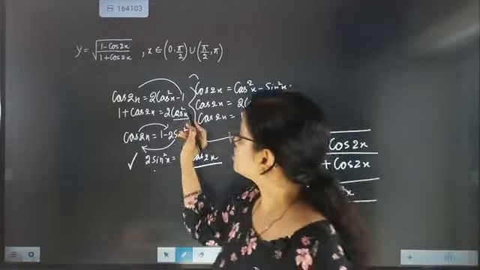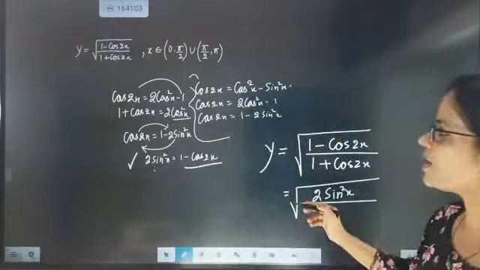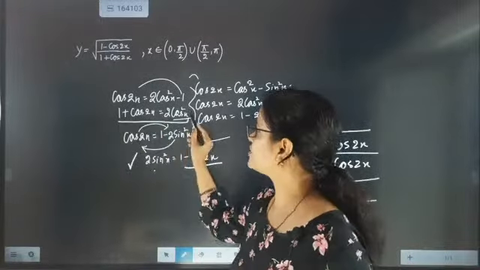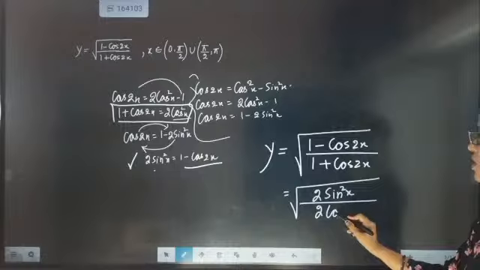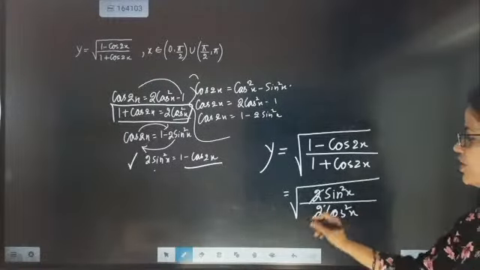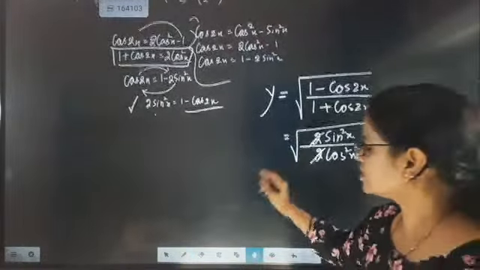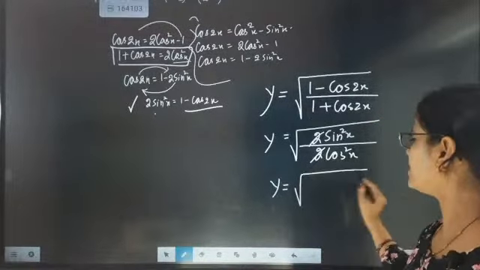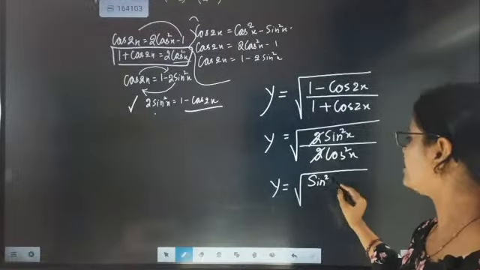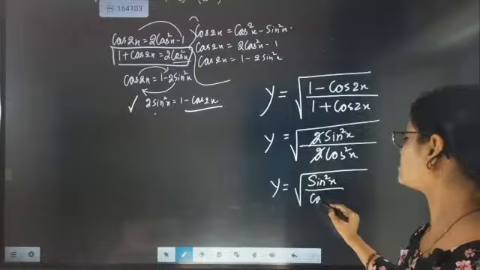Now 1 plus cos 2x we have derived as 2 cos square x. So 2 and 2 will get cancelled. What did you get? y will be equal to root under sin square x by cos square x.